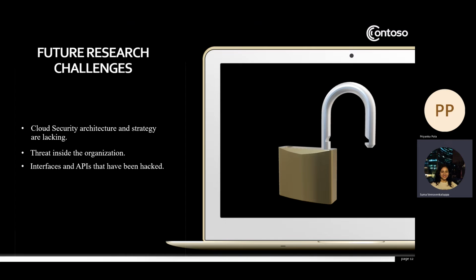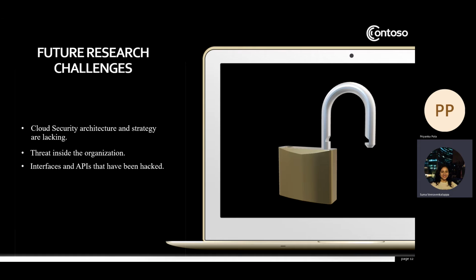Threat inside the organization is something that is very scary, because you don't know who is doing that inside the organization. So ensuring that no threat exists inside the organization is considered equally as important as threats outside the organization. That makes the organization safe and doesn't lead to any security breach. Interfaces and APIs have been hacked, and that keeps happening.